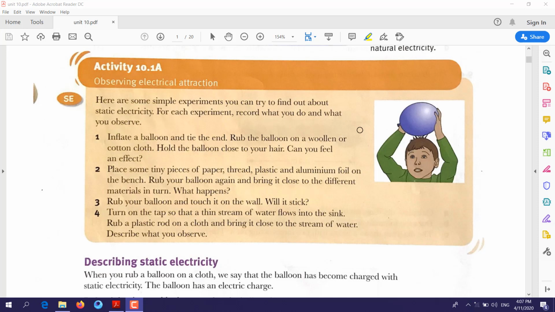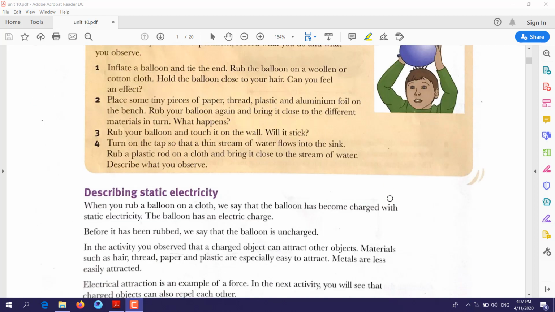Here is what we mean by static electricity. Static electricity is a kind of electricity that forms when you rub two objects together.